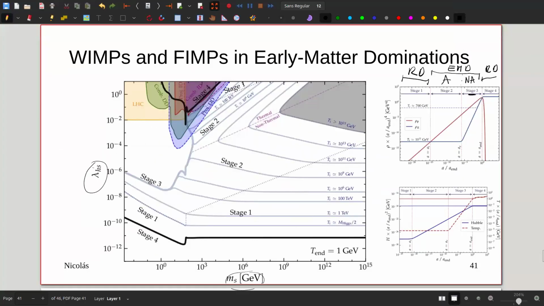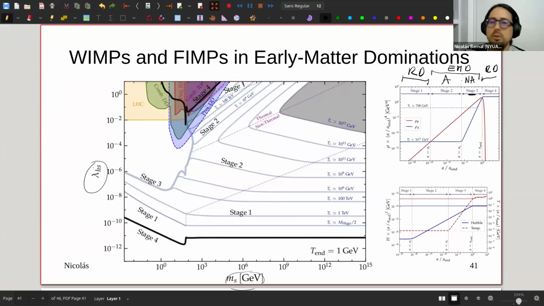I'm still a bit confused with this concept of early matter domination. In the very early times, you have a radiation dominated universe, and then later on you have a matter dominated universe. And this is a period in between two radiation periods? Yes.